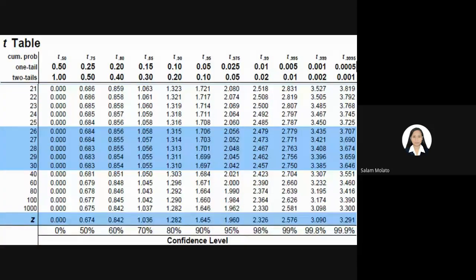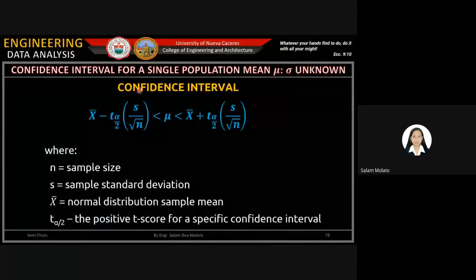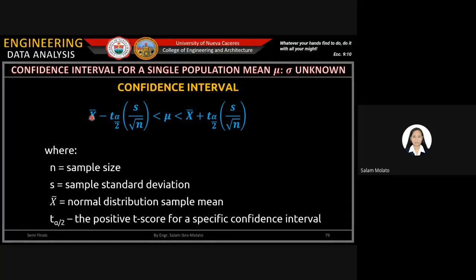Okay? So to get the confidence interval, we have the normal distribution sample mean. All we need to do is to subtract this error, again, that is the marginal error, the same as before. If you recall, if the standard deviation of the population is known, the formula is x bar minus z alpha over 2.